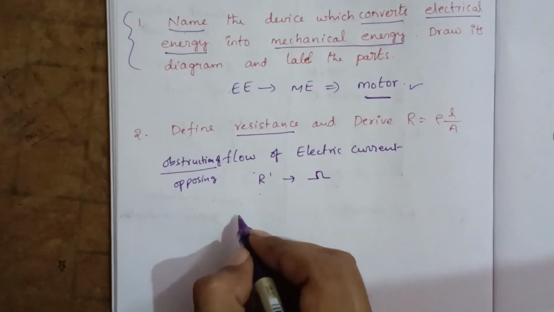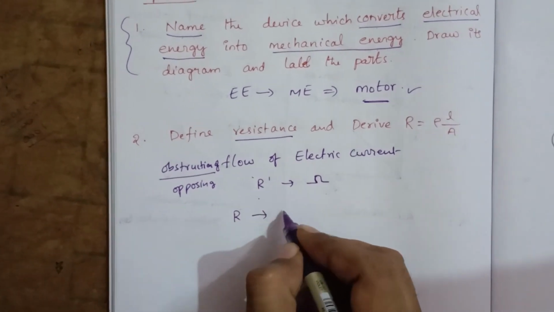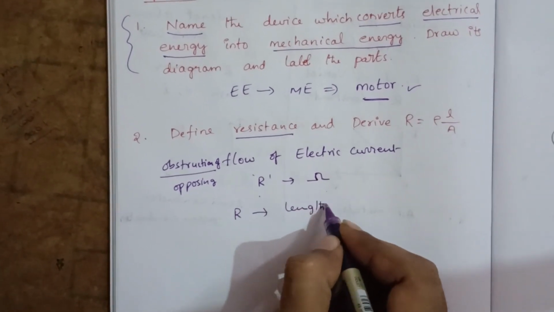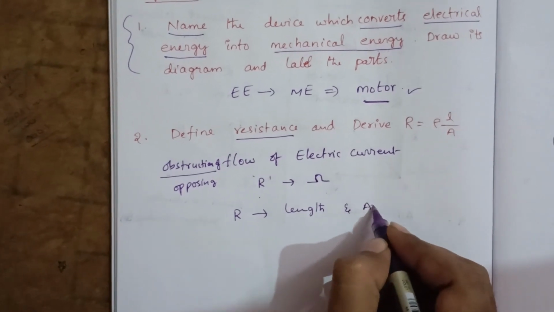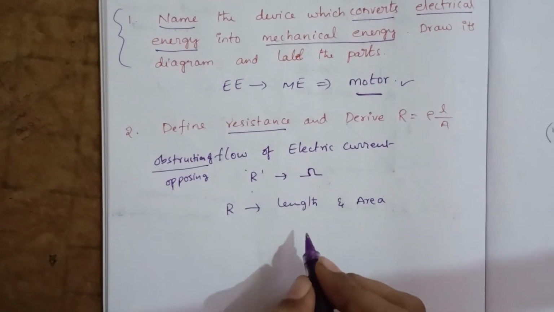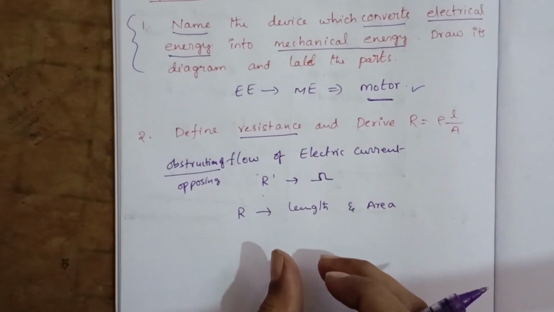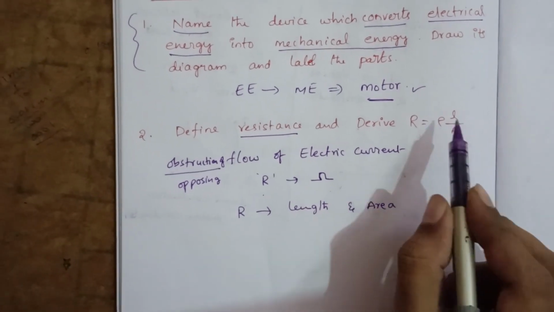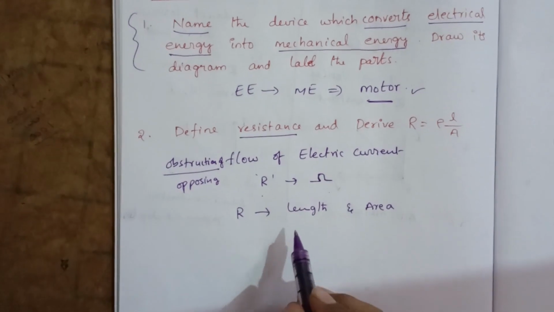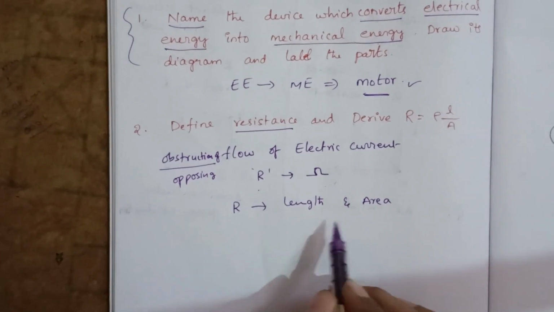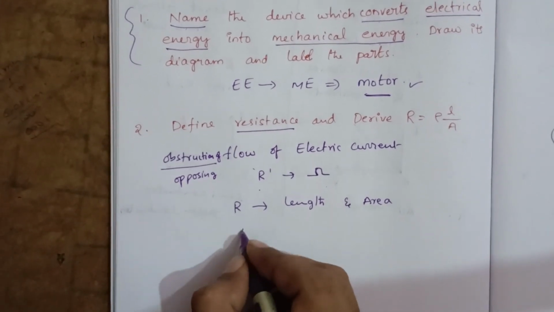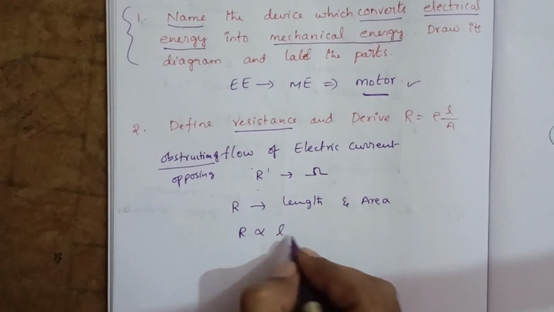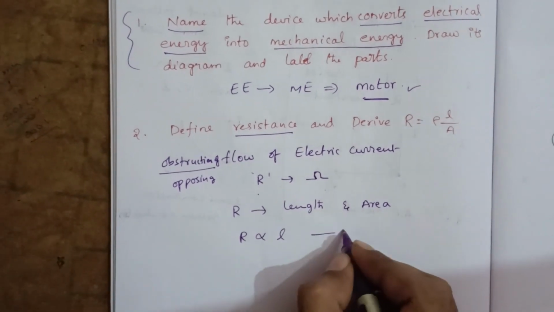Now the resistance of a conductor depends on length and area, and even on the nature of the material and temperature also. But here, based on the situation, we are taking only two; the remaining also exist, but two are enough. Resistance is directly proportional to the length of the conductor.